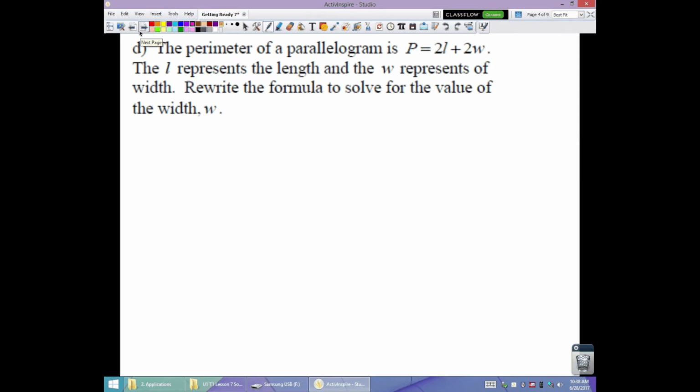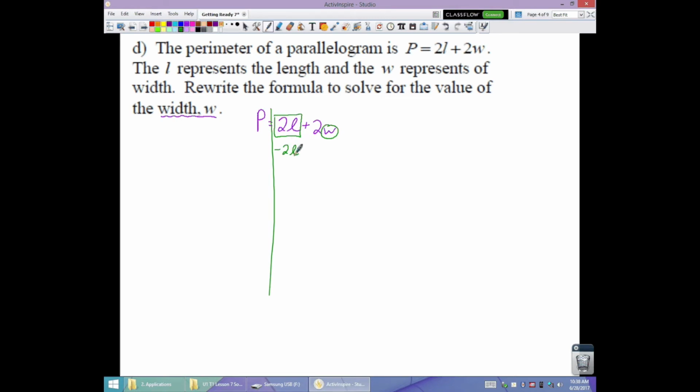Part D, formula for perimeter of a parallelogram. Perimeter equals 2 times the length plus 2 times the width, and we are going to solve for W. So to isolate this W, I first need to get rid of the 2L. So that's a positive 2L.